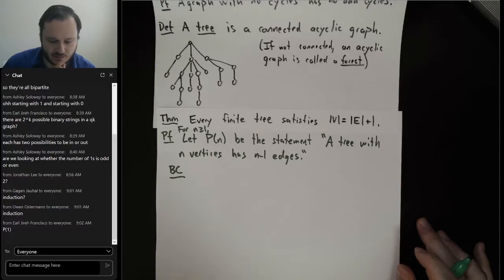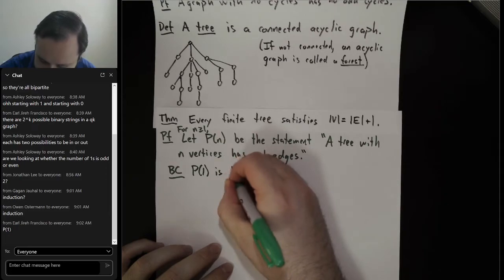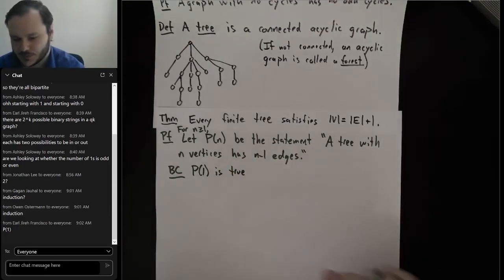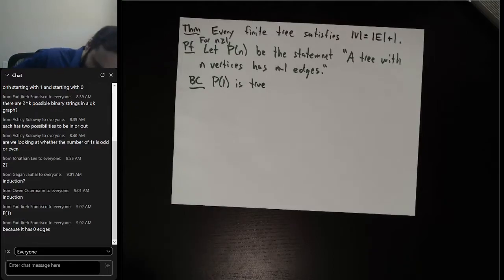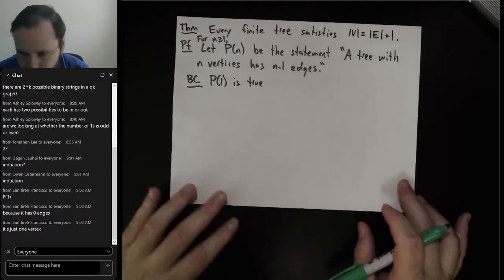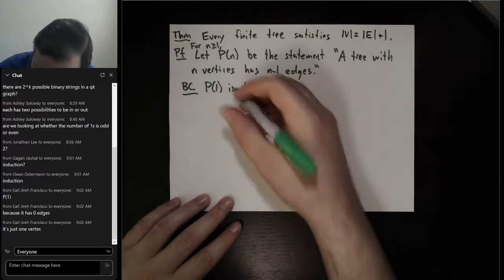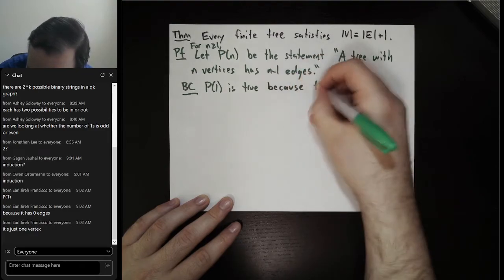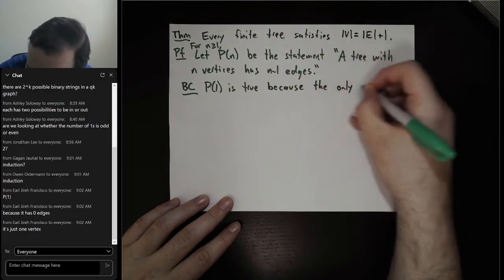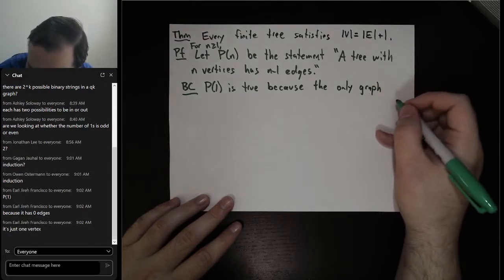Good. And why is P of 1 true? It's just one vertex, right? It has 0 edges. P of 1 is true because the only graph, remember, our definition of a graph does not have loops.